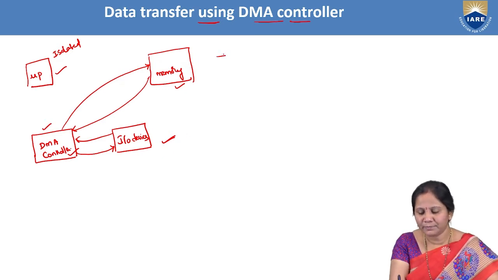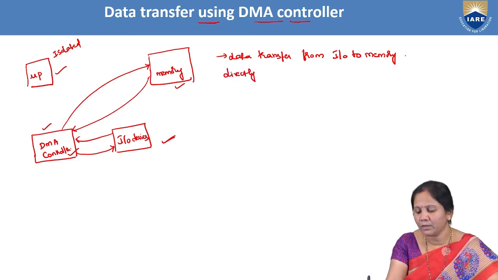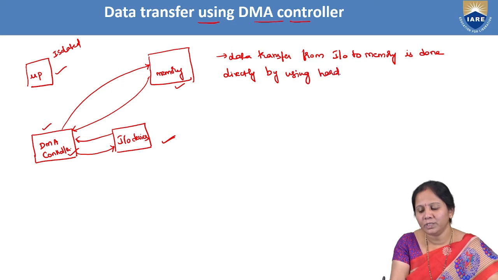So in this case, data transfer from IO to memory is done directly by using the hardware unit which is called the DMA controller.